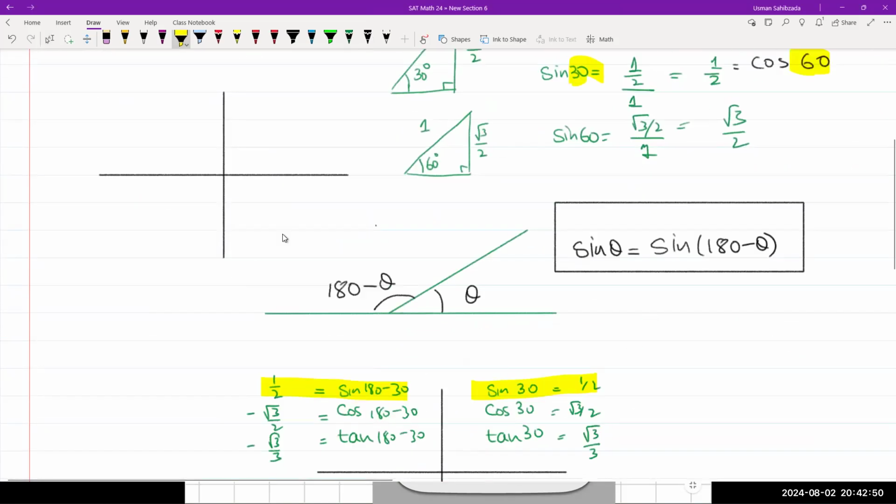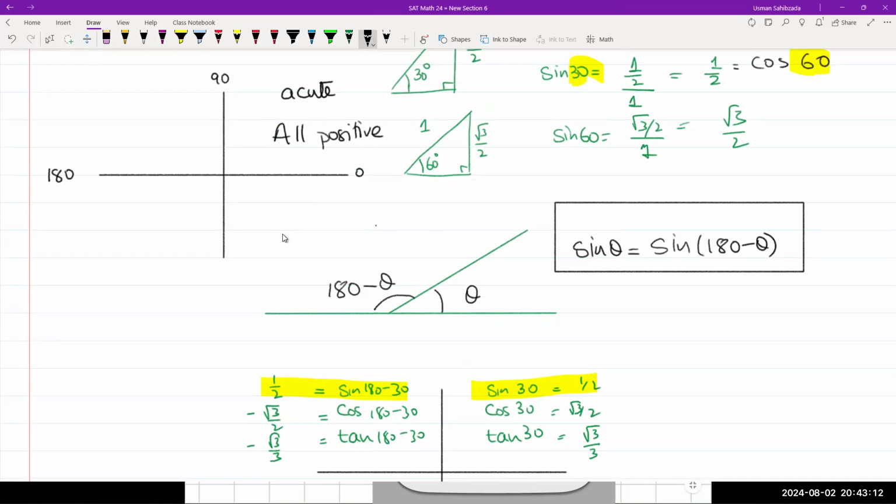ASTC: all science teachers crazy, all silver teacups. All trigonometric ratios of acute angles, of angles between 0 and 90, are positive. Sine is positive, cos is positive, tan is positive.